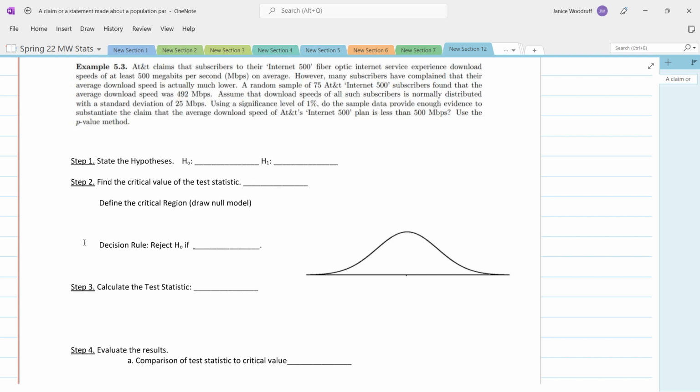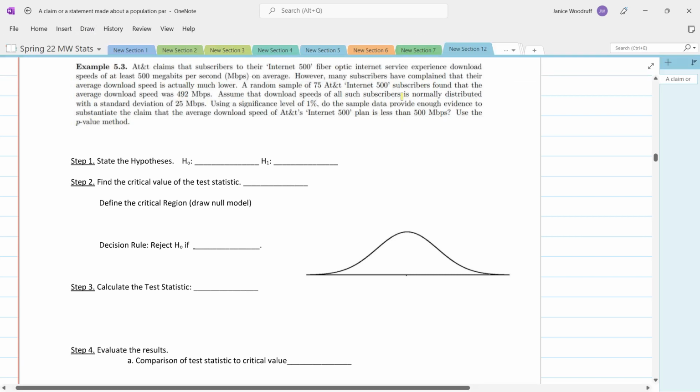However, many subscribers have complained their average download speed is actually lower. A random sample of 75 AT&T subscribers found the average download speed was 492 megabits per second. Assume that download speeds of all such subscribers is normally distributed with a standard deviation of 25. Use a significance level of 1%. Do the sample data provide enough evidence to substantiate the claim the average download speed is less than 500?